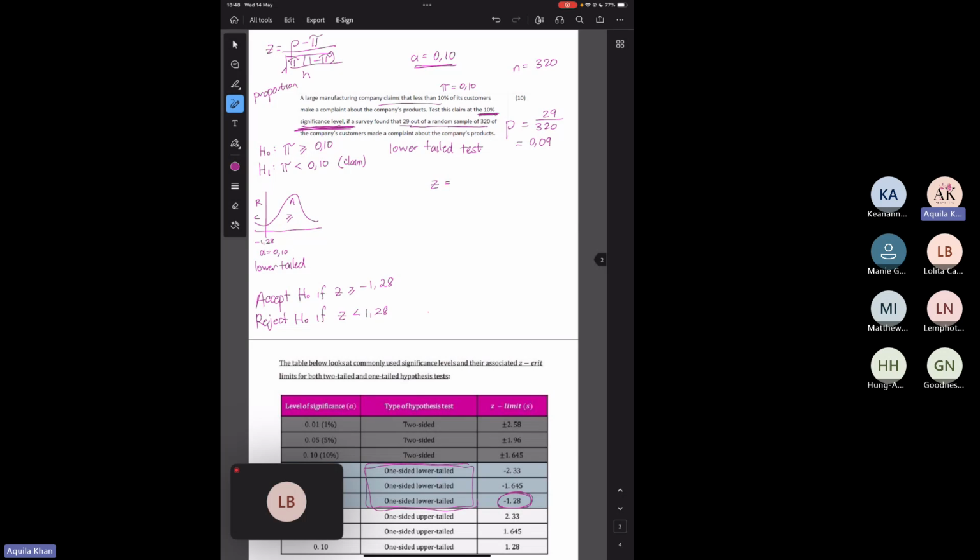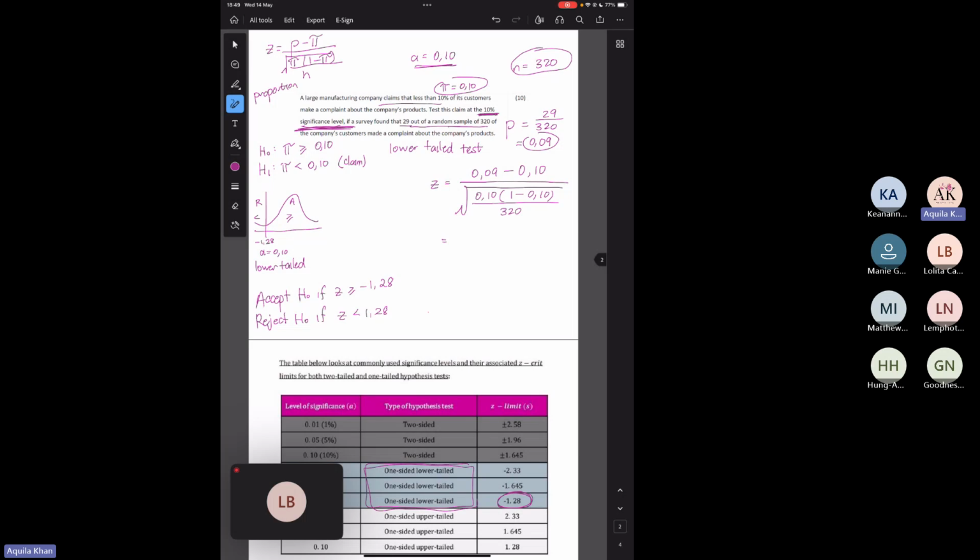Okay, so now we're going to work that out. So P is here, the 0.09 that we calculated, minus your pi value, which is 0.10. Then it's over the root of pi, again, the 0.10 multiplied by 1 minus pi over n, which we said was 320.